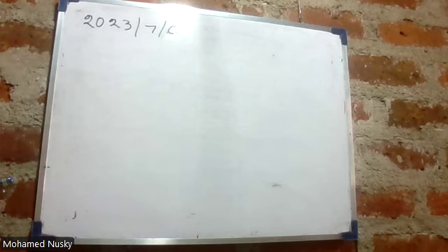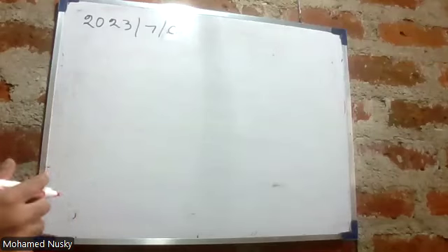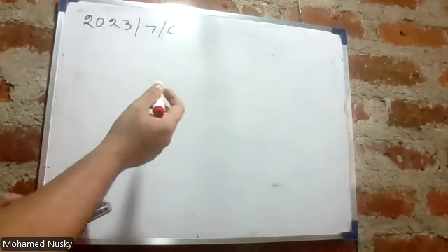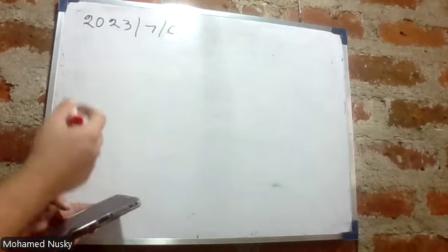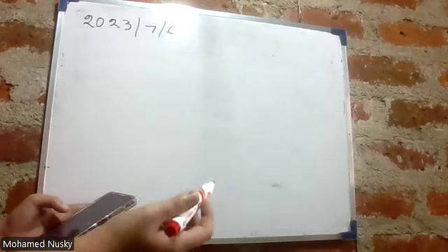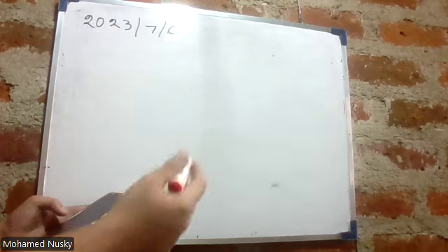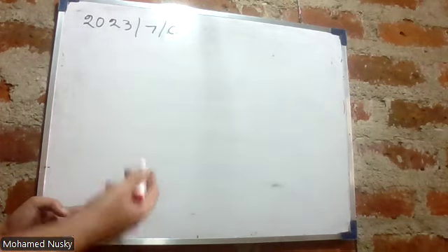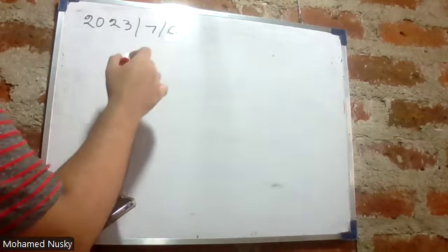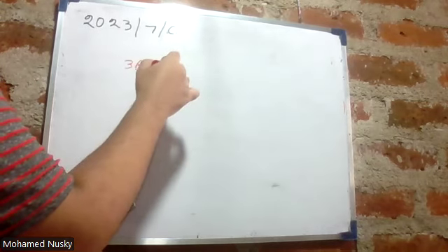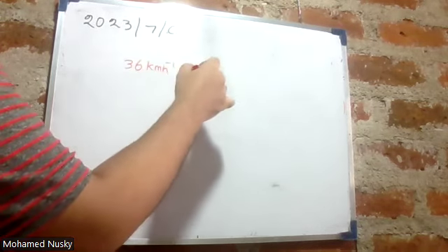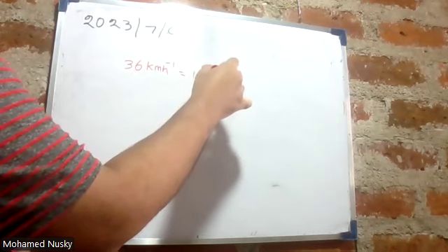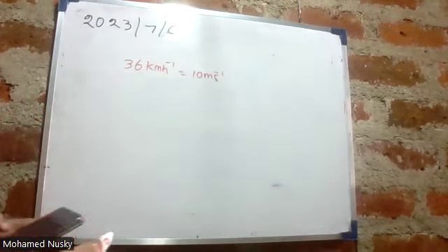Now, first of all, always remember, if they have given something in kilometers per hour, convert into meter per second. How are you going to convert? Remember this: 36 kilometer per hour is equal to 10 meter per second minus 1.